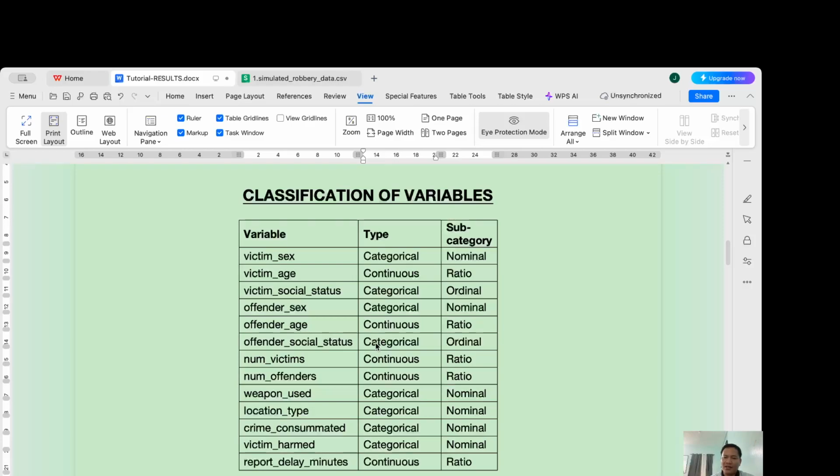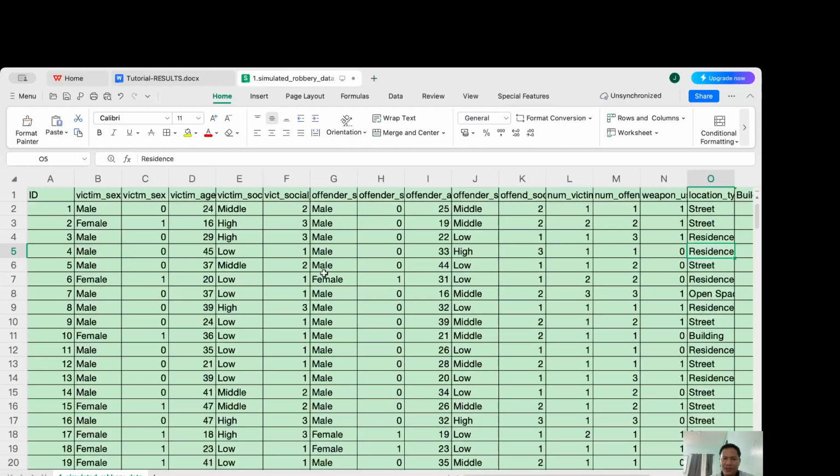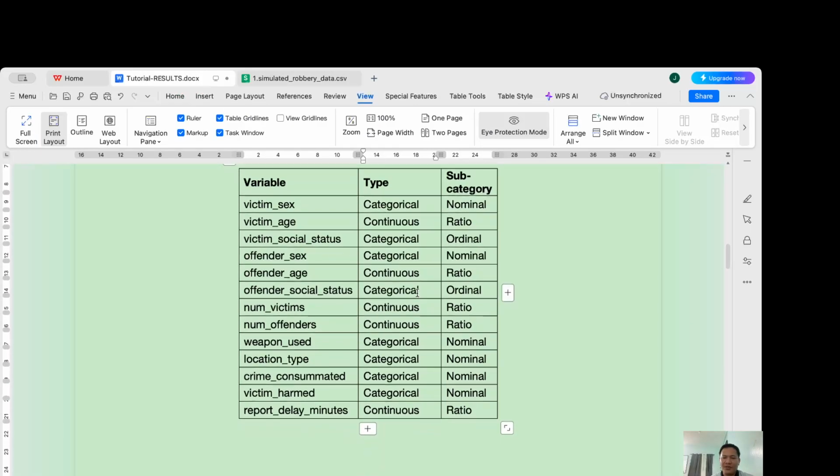And we can rank these three in terms of numbers. For low, we can code it as 1. For middle, we can code it as 2. And high, we can code it as 3. It was shown already in our previous lecture how we coded it. So those are the types of variables.